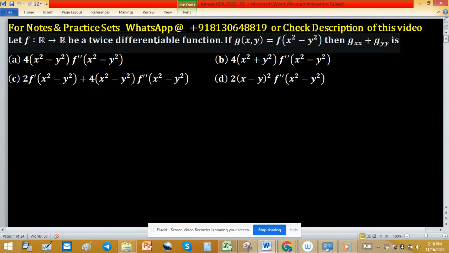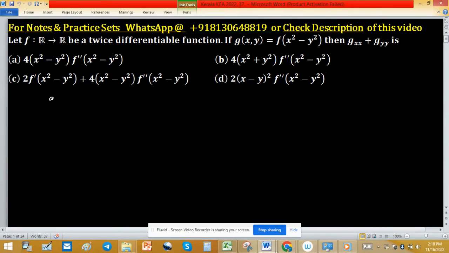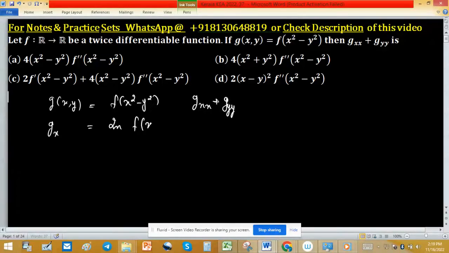Let f be a function defined from R to R, a twice differentiable function. If another function g of two variables x and y is f of x square minus y square, then we need to find gxx plus gyy. First, differentiate this function g with respect to x. We have 2x f dash of x square minus y square.